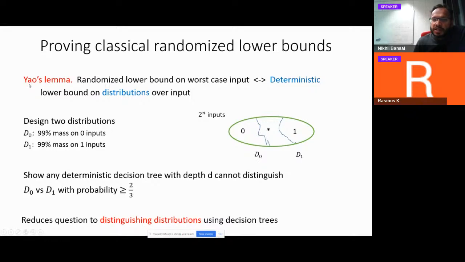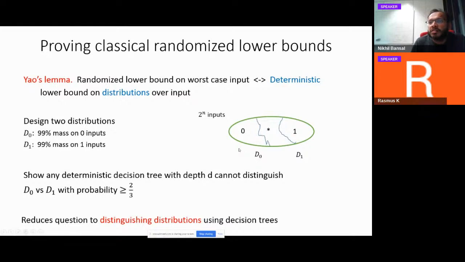It's Yao's minimax lemma. If you want to prove a randomized lower bound on worst case input, you try to come up with some distribution. You reduce this to showing a deterministic lower bound, but over distributions over inputs. And usually showing a deterministic lower bound is much easier, so this is a very powerful technique.